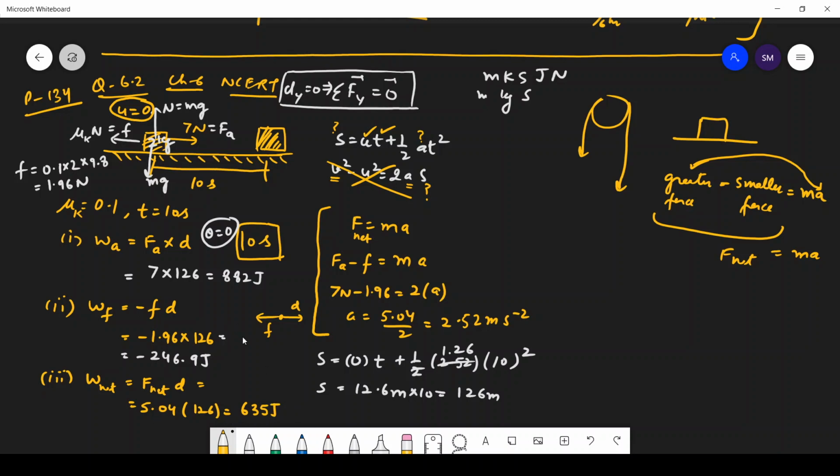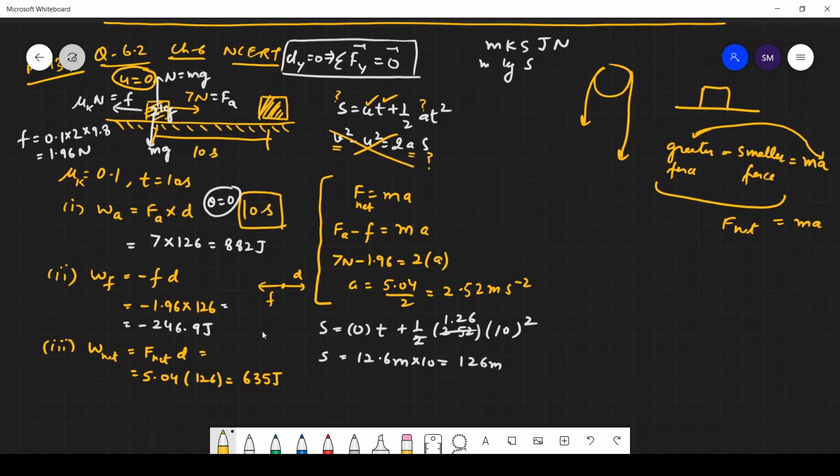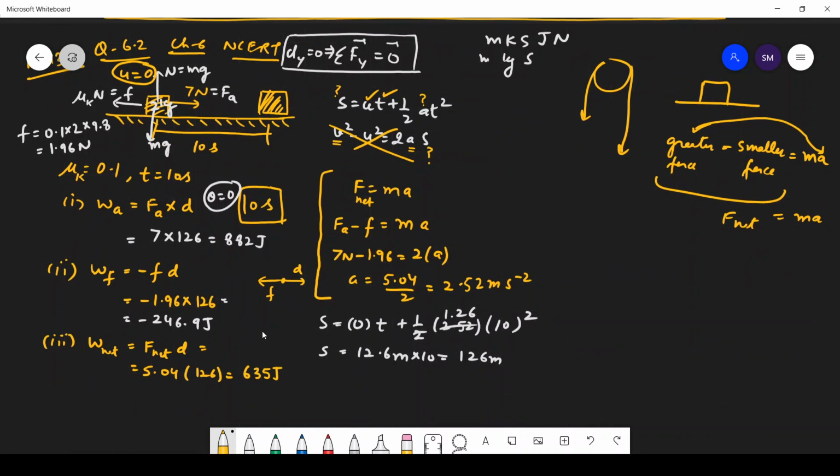Right. Now I have one more part in this question. What is the change in kinetic energy? So I know the work energy theorem: work is equal to change in kinetic energy. So what is the change in kinetic energy here?